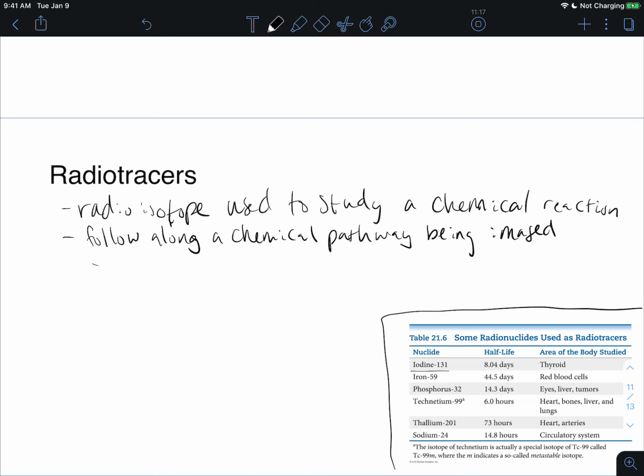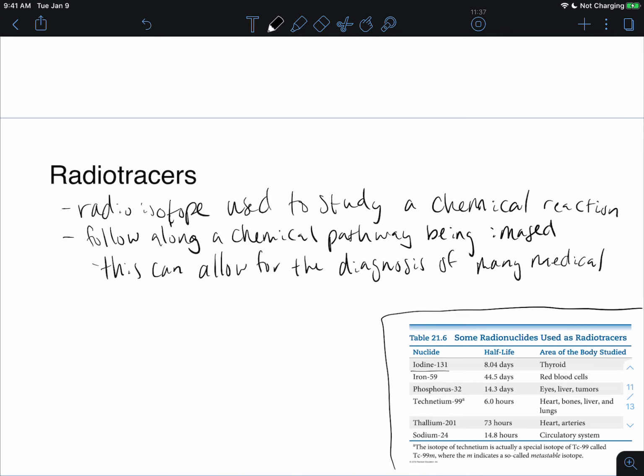And this can allow for the diagnosis of many medical maladies. Right, like thyroidism.